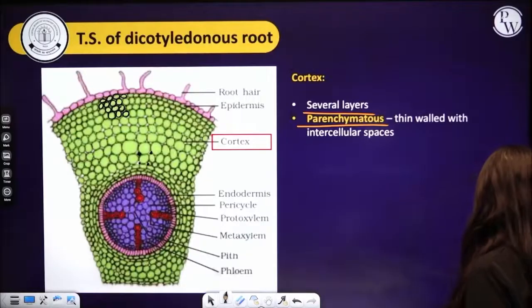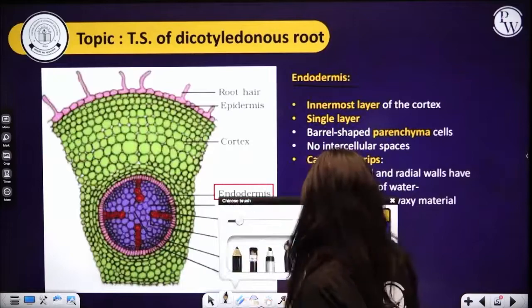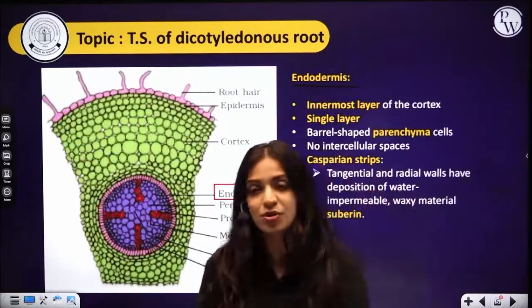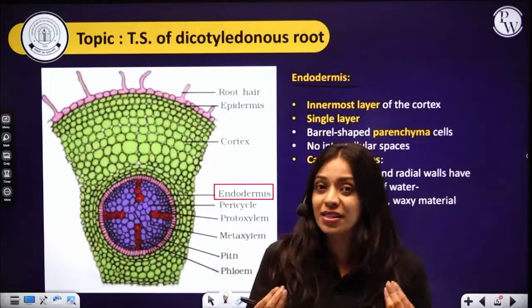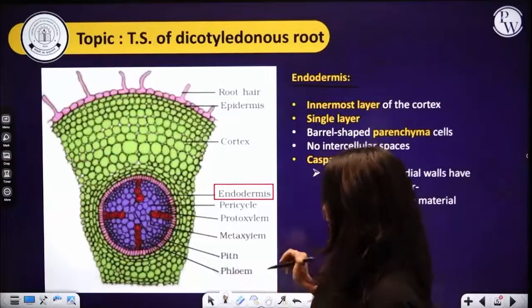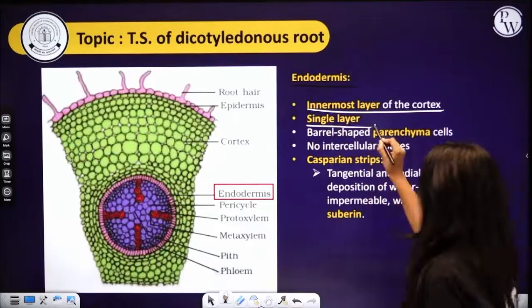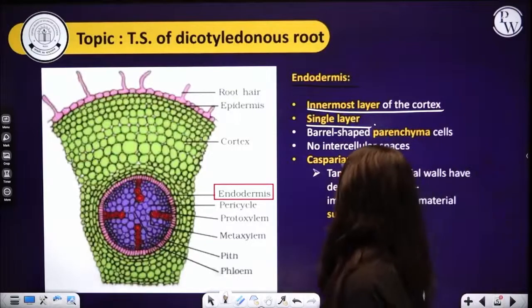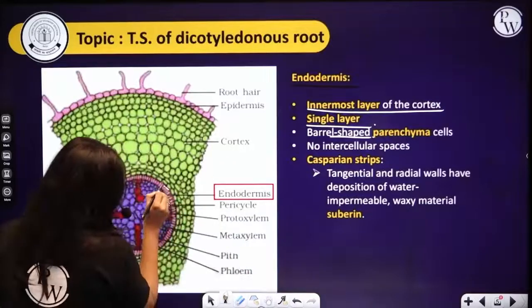All right, now let's talk about endodermis. Endo means what? Epidermis. Epi means above. It is the outermost layer, so that is the epidermis. Endo means inside. Endodermis is basically the innermost layer of the cortex. So here, it is the innermost layer of the cortex. It is a single layer. The endodermis also has barrel-shaped cells. See, this is the endodermis.